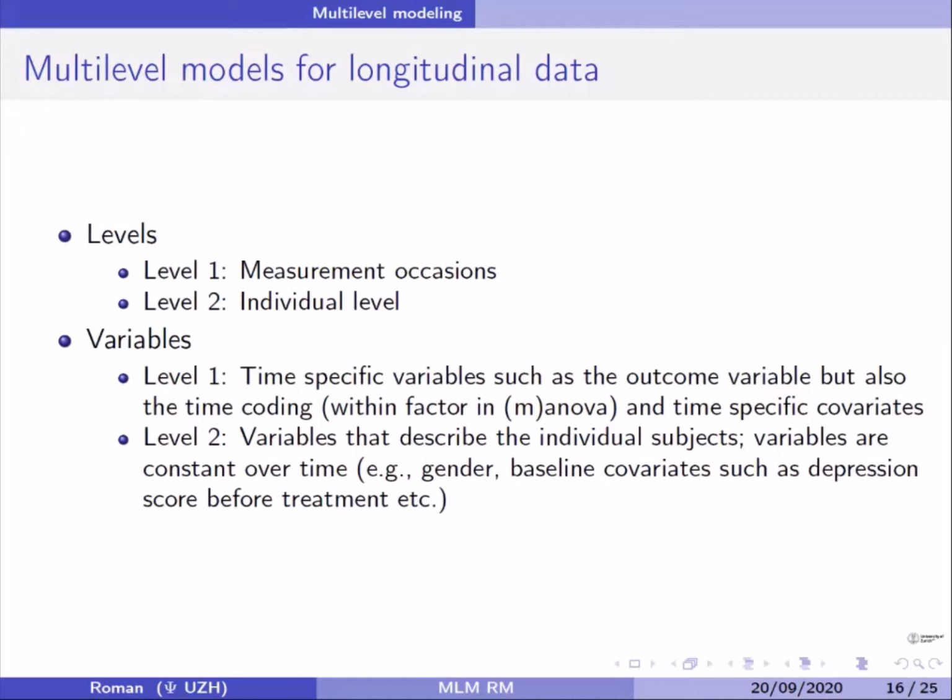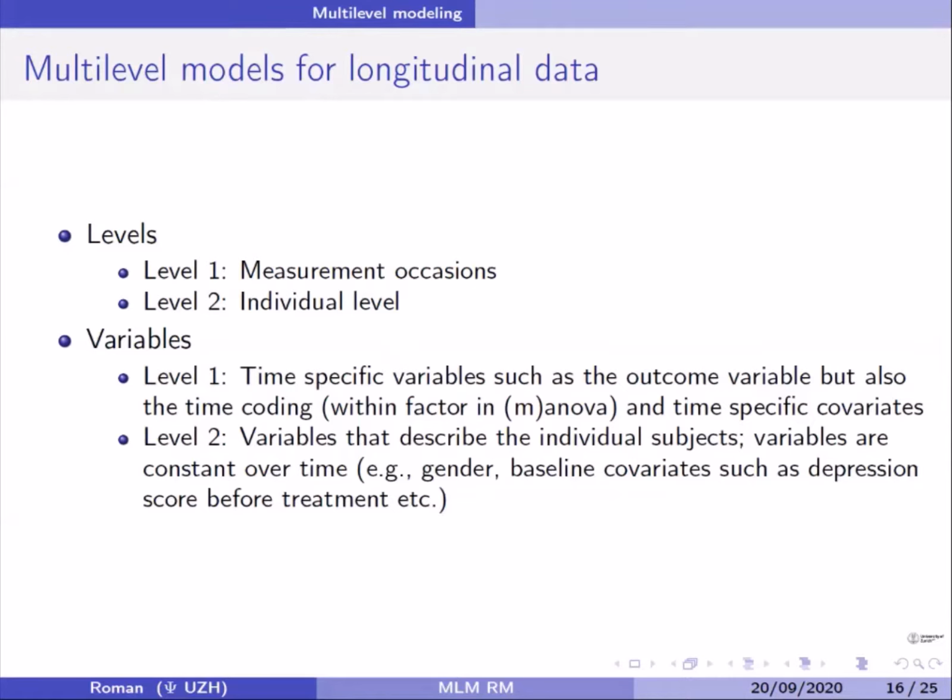So level 1 will include time-specific variables. This will be the outcome, but it will also be the time coding factor, as well as covariates. So this could be anything, any variable would be included at level 1 that is varying across time. The level 2 variables could be things such as gender, and they describe the individual subject themselves.